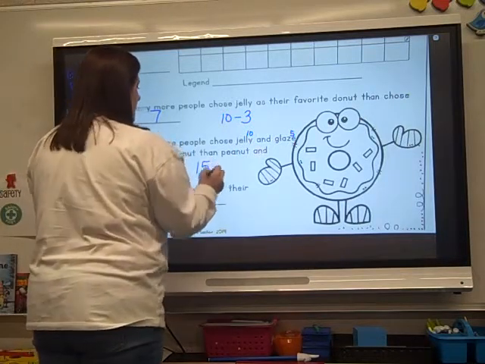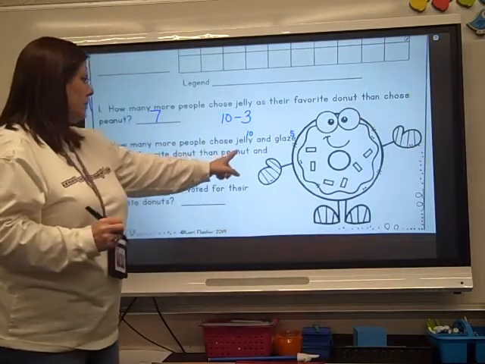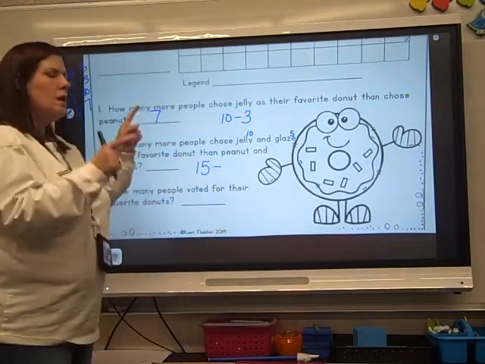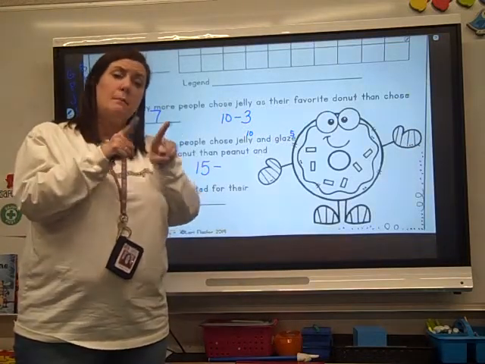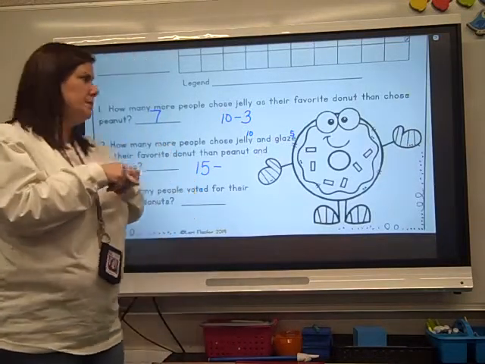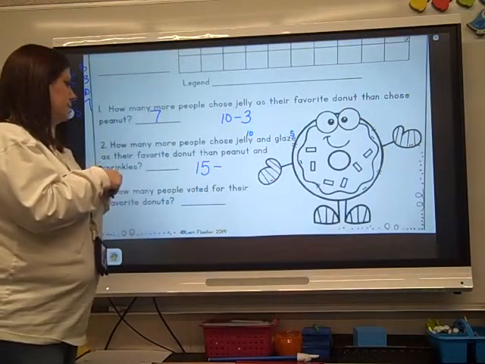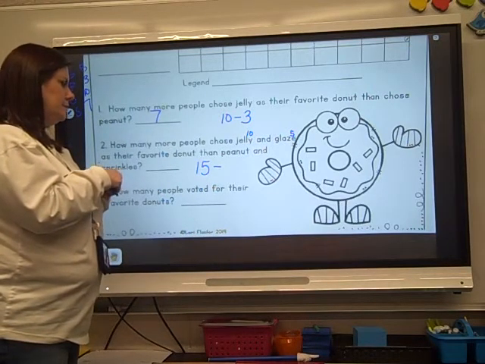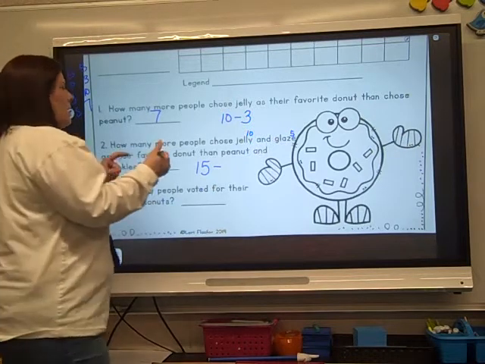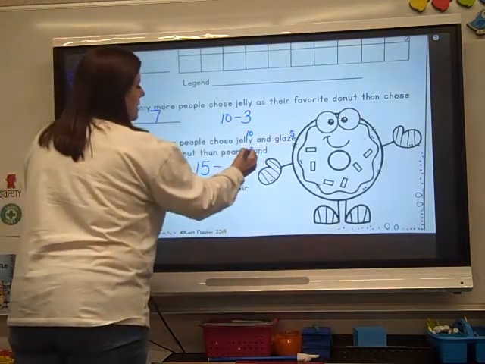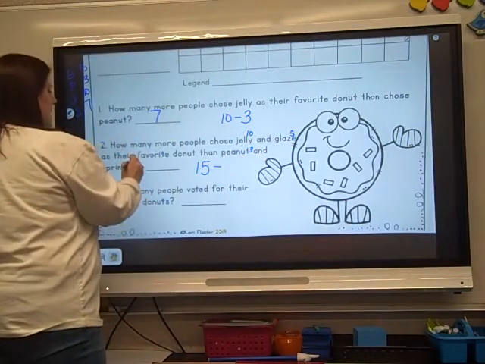All right, minus, now we've got to put peanut and sprinkles. Well, go up and count peanut and sprinkles together. Peanut and sprinkles. Well, I've got peanut had 3 votes and sprinkles had 7.